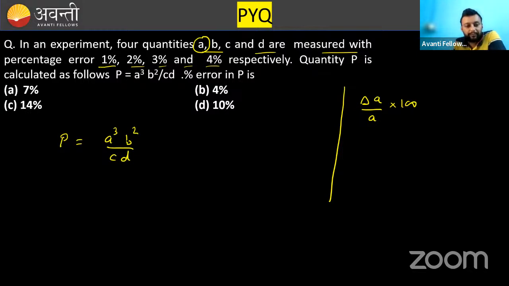This is the topic of propagation of error. Whenever there are 2 or more quantities connected by a relation, the result will have the propagation of errors.